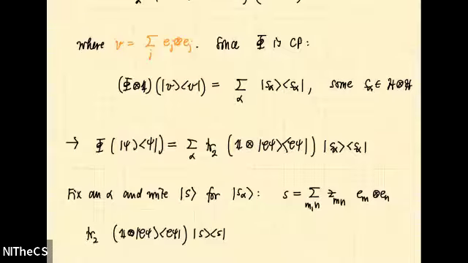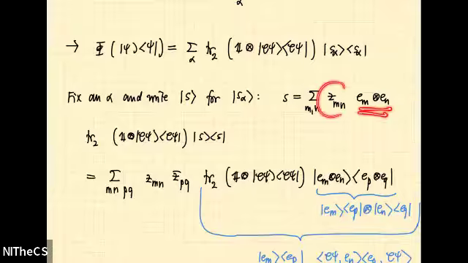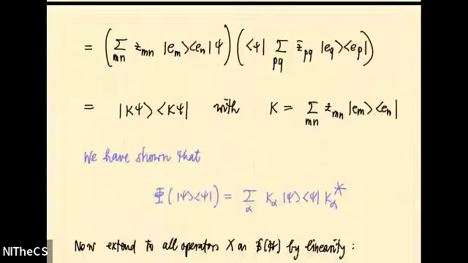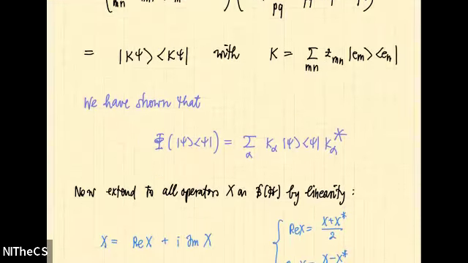Well, s was defined as the action of phi on this v, and v was given here. So this is built from phi in the end. If you give me a specific phi, with some work, if the dimension is not too large, I could figure out what these s's are, then what these z's are in a chosen basis, and then what these K's are very explicitly. But that's not the point here. The point is that there is a structure, a procedure, so you can always in principle do that.